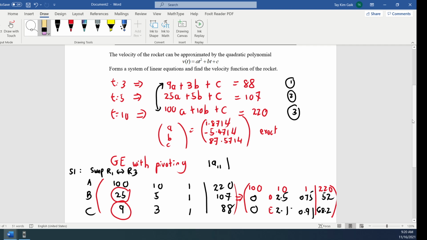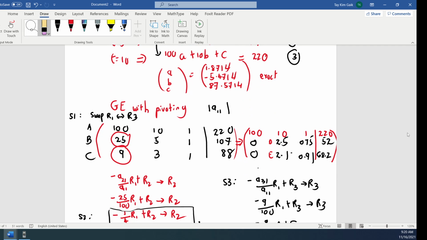But if Gauss elimination with pivoting, before you eliminate A21 and A31 to become 0, make sure the magnitude of A11 is maximum. And before you reduce A32 to become 0, make sure the magnitude of A22 is maximum.